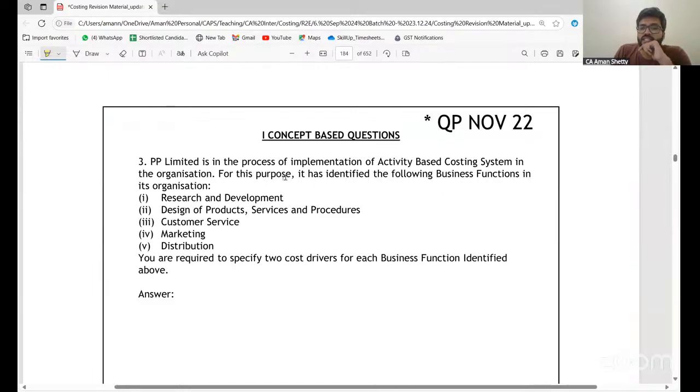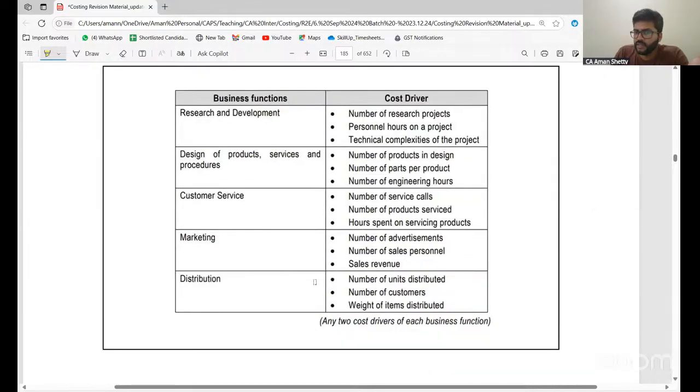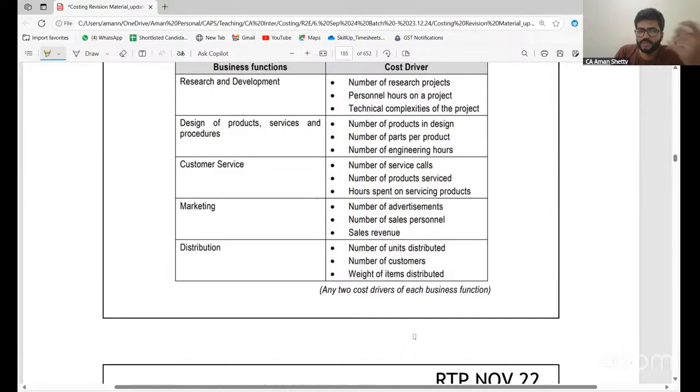PP Limited is in the process of implementation of activity based costing in the organization. For this purpose, it has identified the following business functions in its organization: research and development, design of product, customer service, marketing. You are required to specify two cost drivers for each business function identified above. Just now we read the theory, and the same thing is given here. Any two cost drivers for each business function.